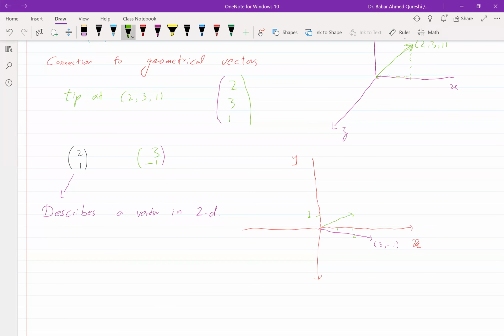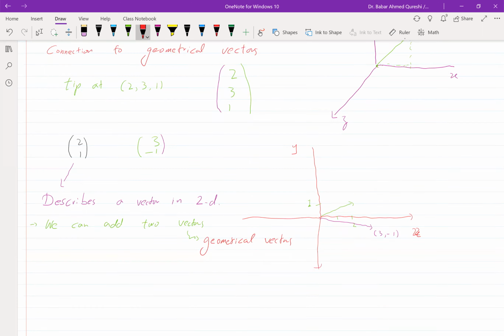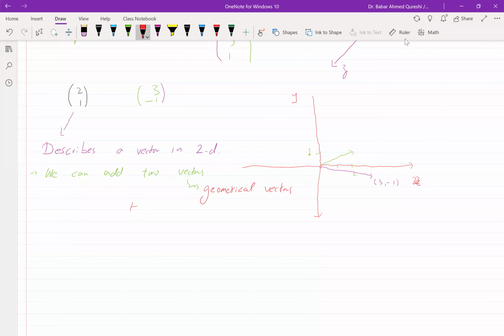But for vectors, we have operations, like we can add vectors. This is for geometrical vectors. And the rule is the head to tail rule.